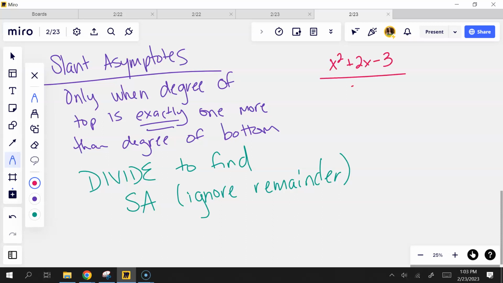This is number 1 on your homework. Let's do one together. Should we do number 1 or a different one? How about number 4? Or number 5, or number 8.